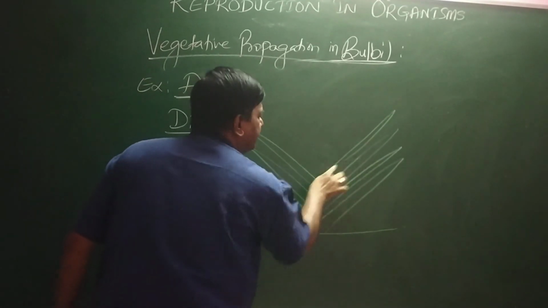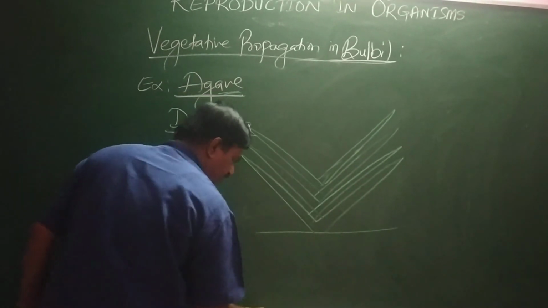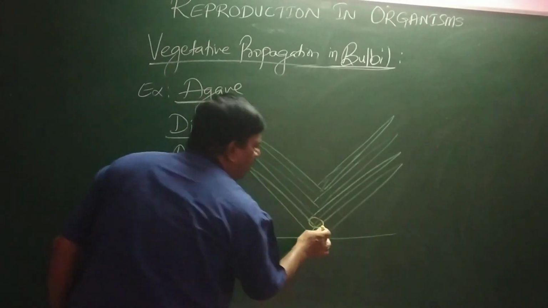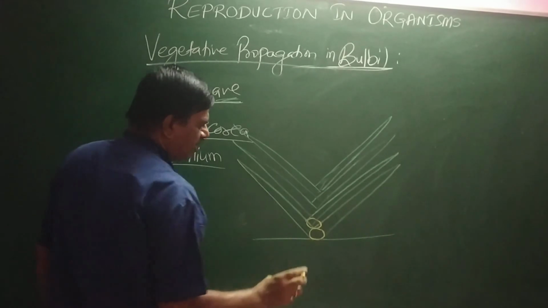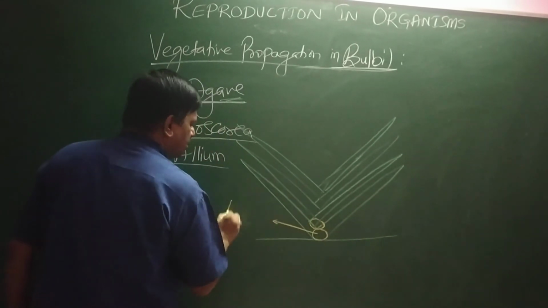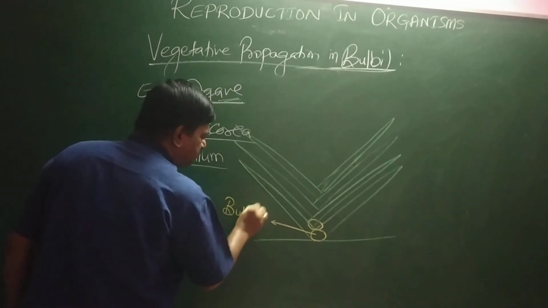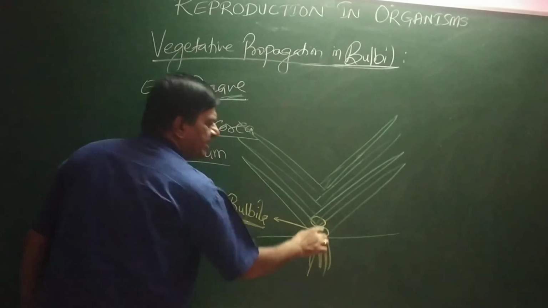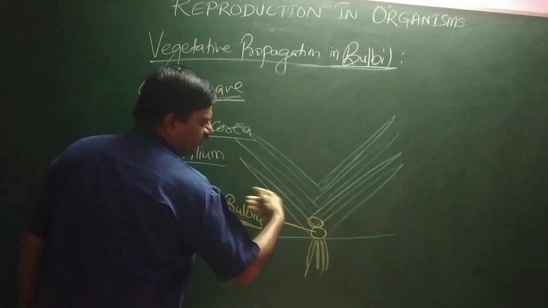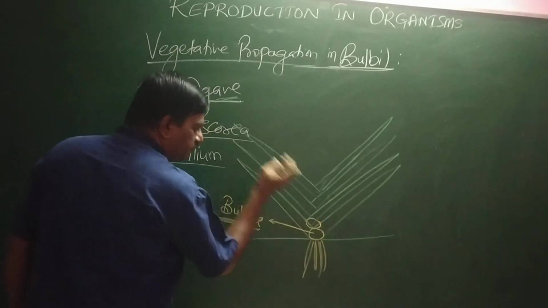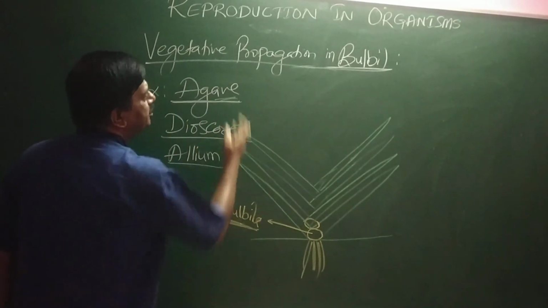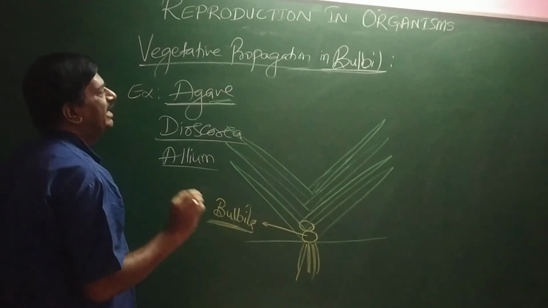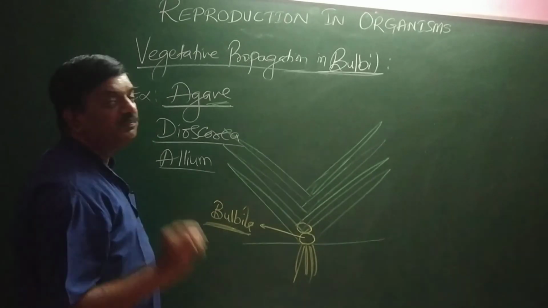At the lower nodal regions, there is a formation of small round globular structures, and these globular structures are called bulbils, and the bulbils help in reproduction. When this is detached, it falls on a suitable place to give rise to a new plant body. Hence, bulbils also help in reproduction.